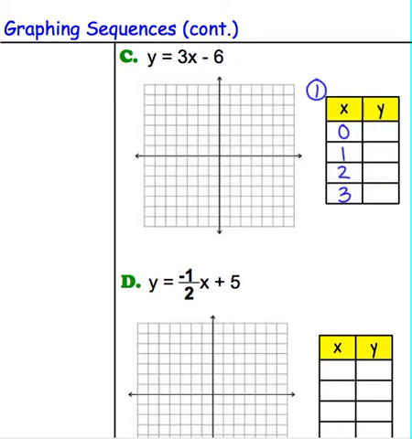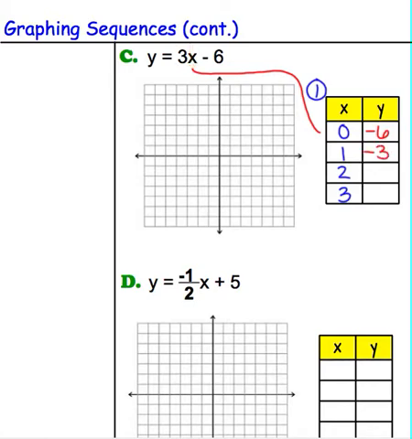So when I put in 0 for x, like we had to do in the first lesson way back at the beginning of Unit 2, we take 3 times 0, which is 0, and 0 minus 6 is negative 6. Then I do the same thing again with 1. 3 times 1 is 3, minus 6 is negative 3.